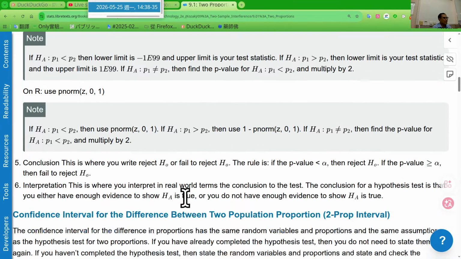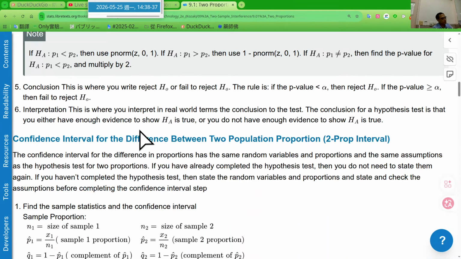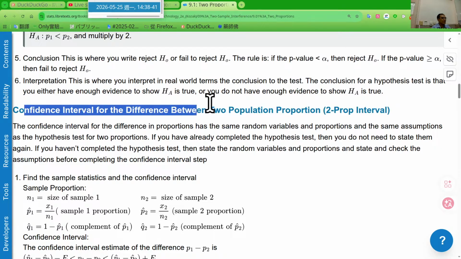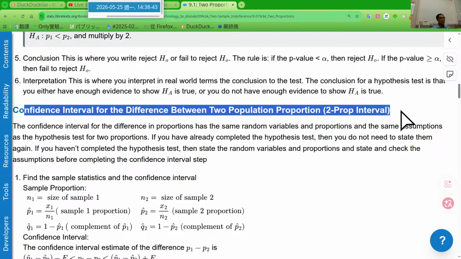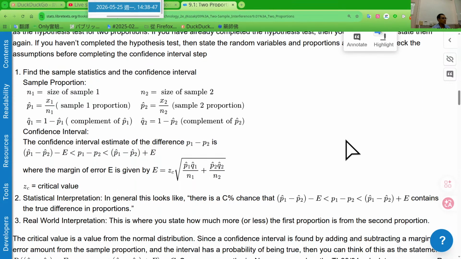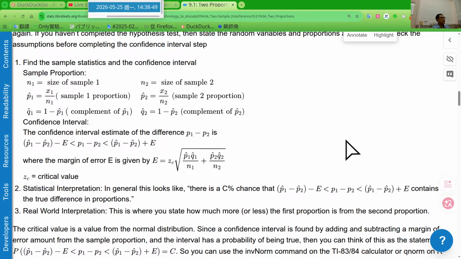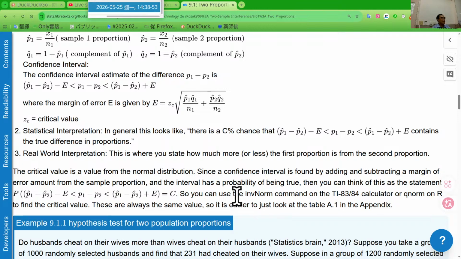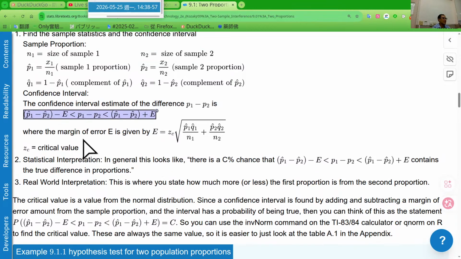Okay, we can check one. And the confidence interval for the difference between two population proportions is very similar to the previous one. That's P1 hat minus P2 hat.